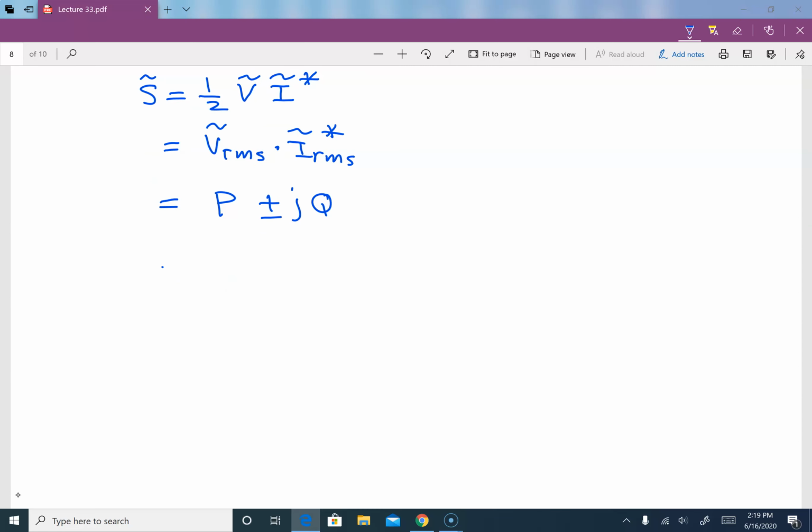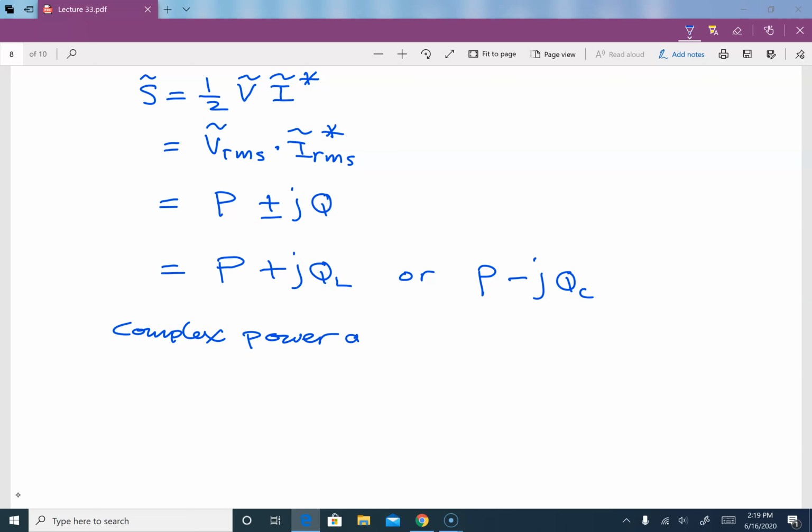So that means it is really P plus jQ if it is an inductive load, okay, or P minus jQ if it is a capacitive load. And always the complex power angle and load impedance angle are equal.